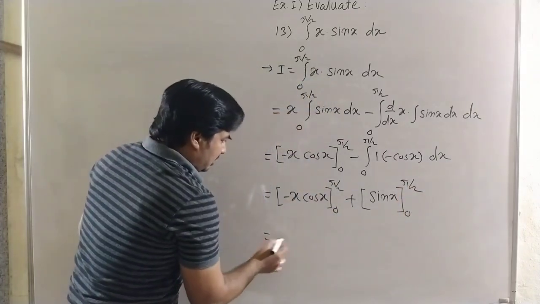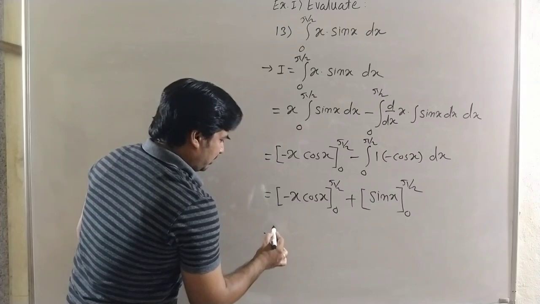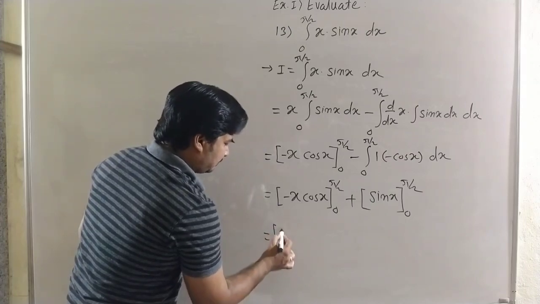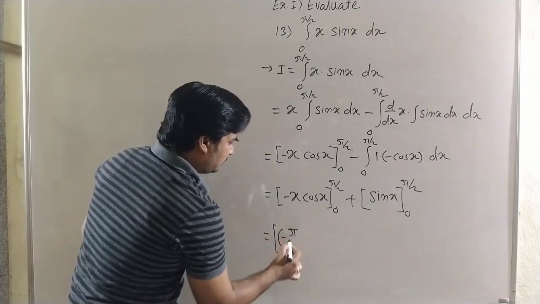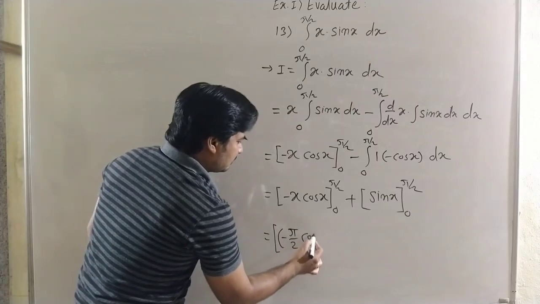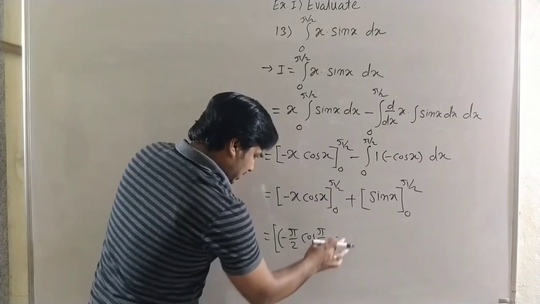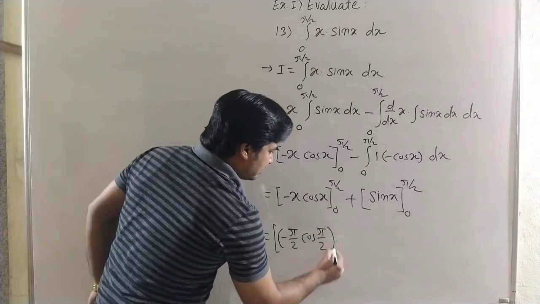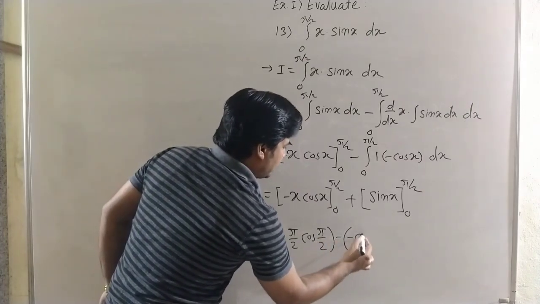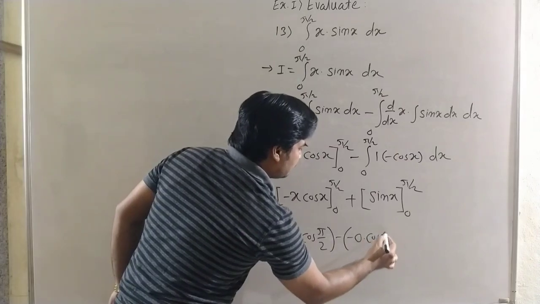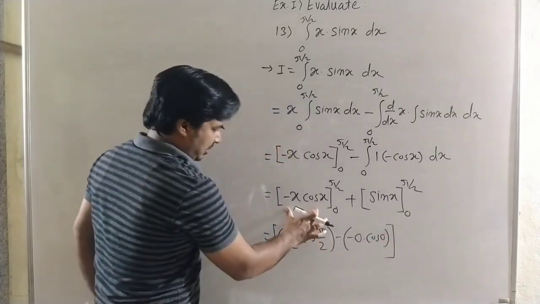Now put the limit here, upper limit minus lower limit. See carefully the first bracket: minus π/2 into cos π/2, then minus 0 into cos 0. Okay, it is only this.